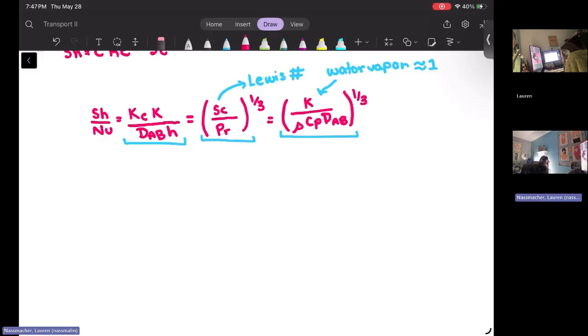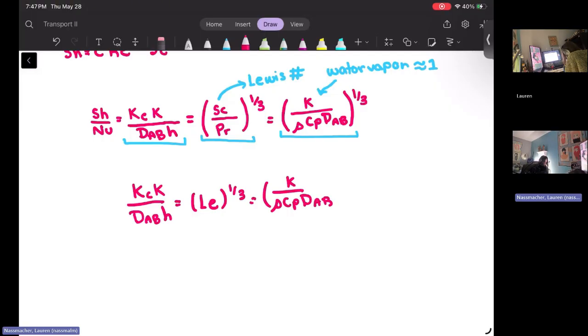So we have our mass transfer coefficient multiplied by our thermal conductivity divided by our diffusive coefficient multiplied by our heat transfer coefficient is equal to the Lewis number to the 1/3 power. And that's equal to our thermal conductivity divided by our density, heat capacity, and diffusivity coefficient to the 1/3.